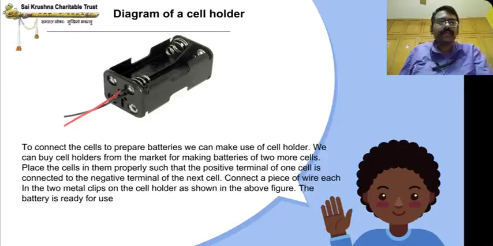Place the cells in them properly such that the positive terminal of one cell is connected to the negative terminal of the next cell. Connect a piece of wire each in the two metal clips on the cell holder as shown in the figure. The battery is ready for use.